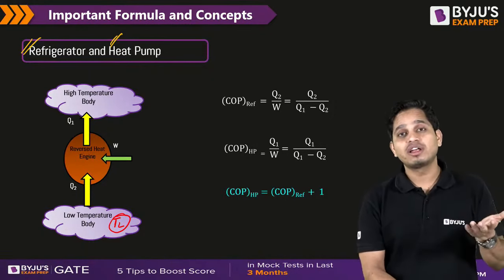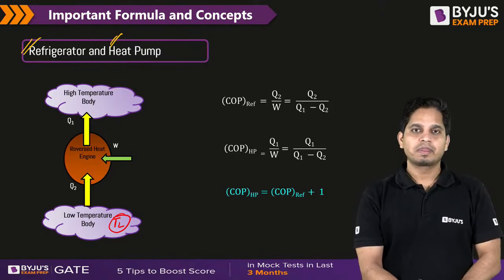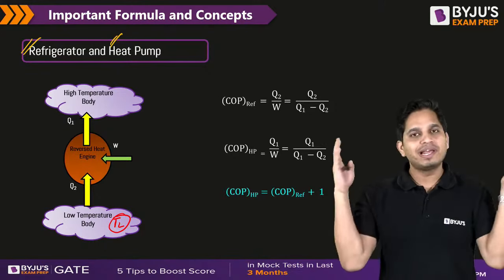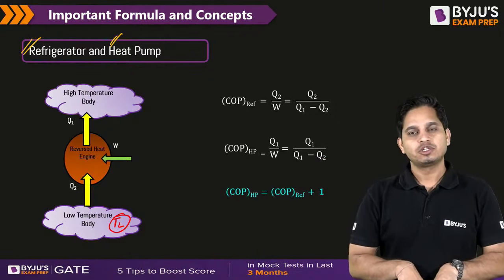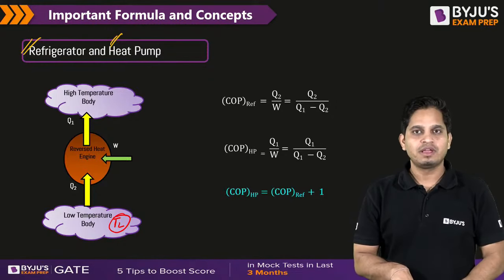Lower temperature than what? Lower than the surrounding. My surrounding is at 50 degrees Celsius and my room, because the AC is working, is at 25 degrees Celsius. So I want to maintain this. So I need to install an AC or a refrigerator.